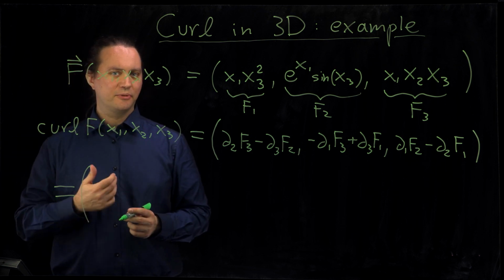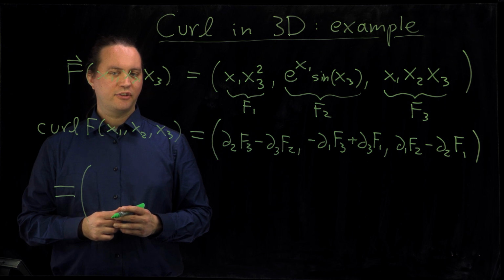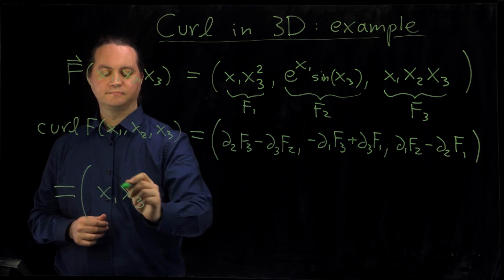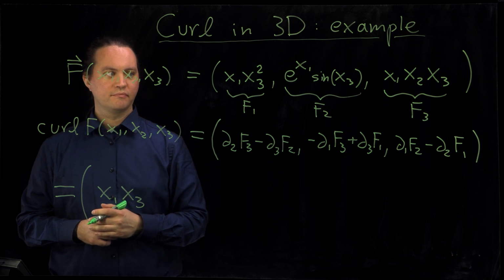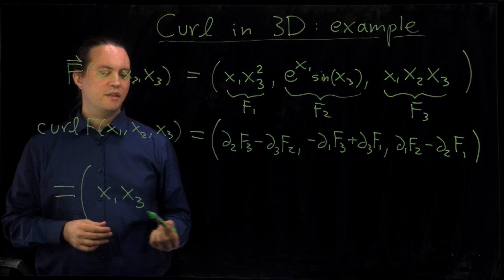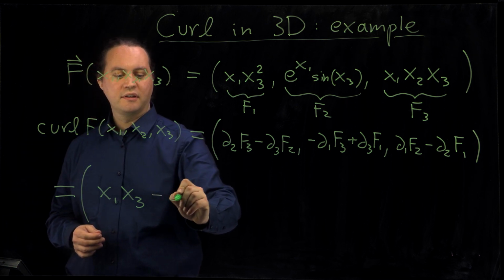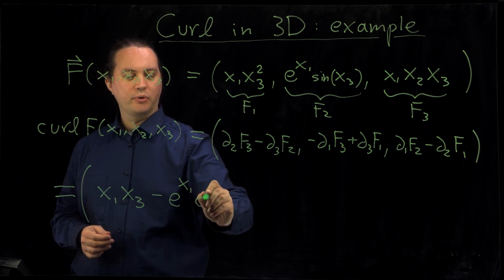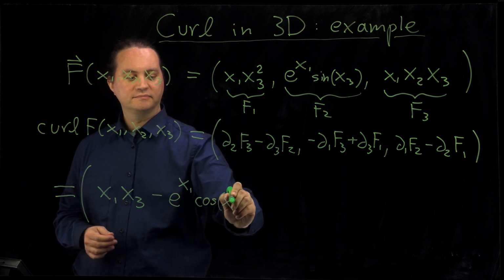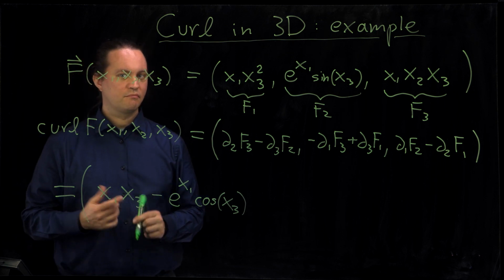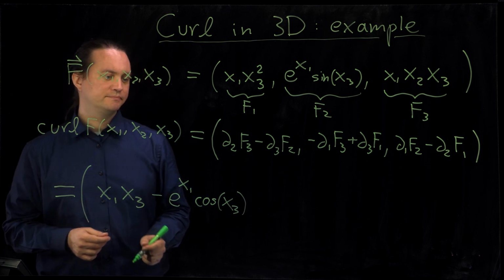We easily see the first component is x1 times x3, del2 of f3, and then we subtract exponential of x1 times the cosine of x3. That is the first component of the curl.